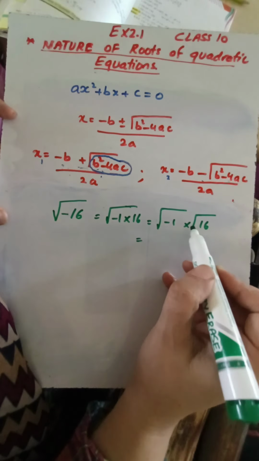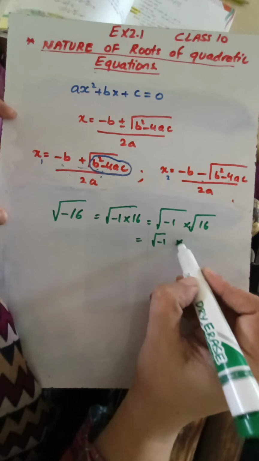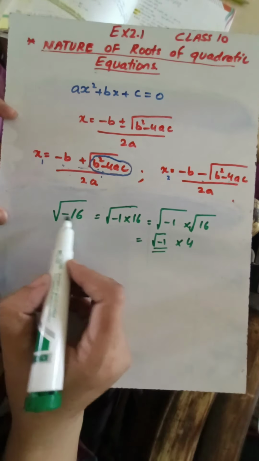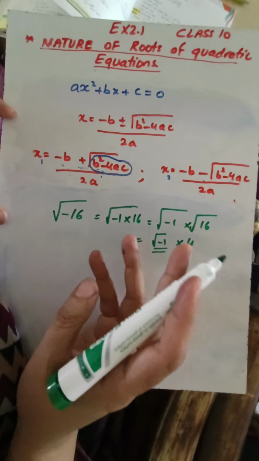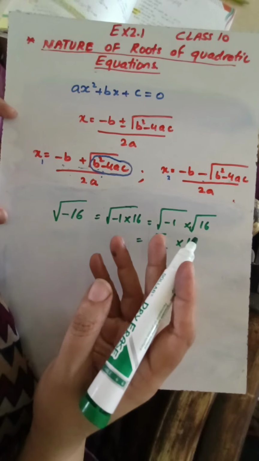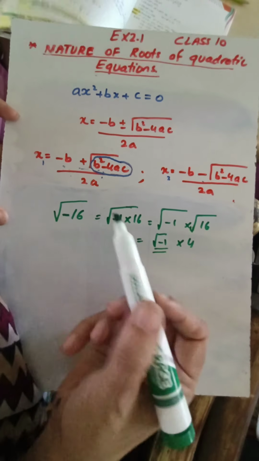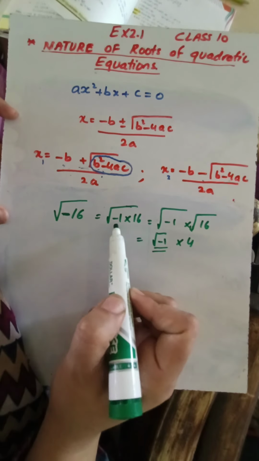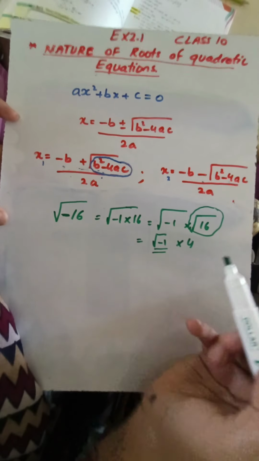Square root of 16 is 4, so we can write it as negative 1 into 4. Neither a positive number nor a negative number works directly, because negative 4 whole square is also equal to plus 16, not negative 16. But once we have separated this negative sign from 16, now we can find at least the square root of this number.